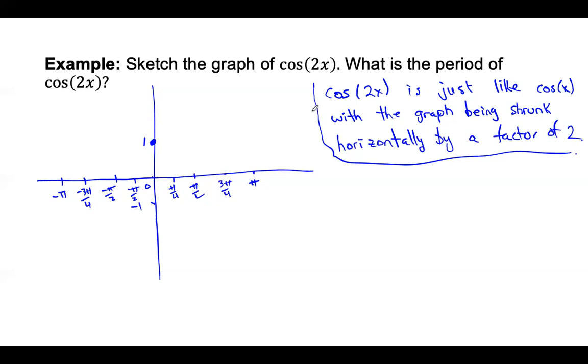What about cos of pi over 4? Pi over 4 times 2 is pi over 2, so this is equal to 0, this value.